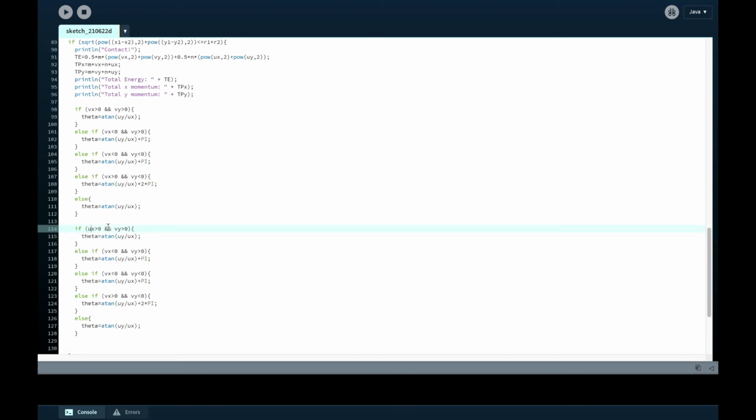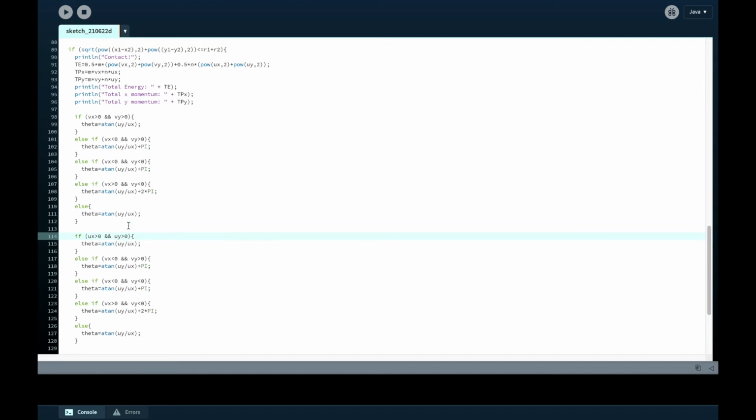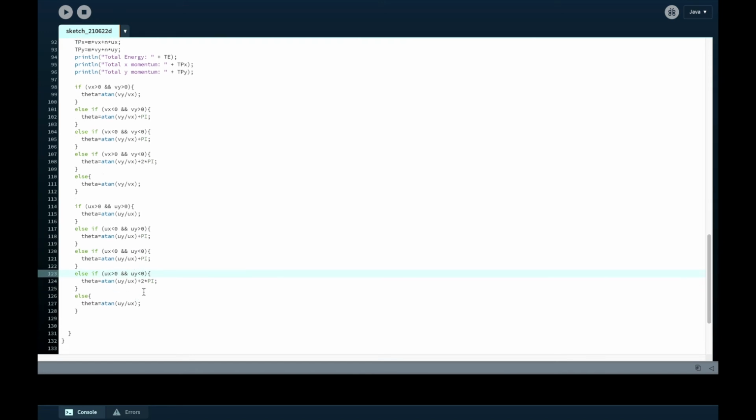So it's basically changing everything from u to v: vy, vx, vy, vx, and ux, uy. And the name of this is going to be not theta but phi, because it's the second object.